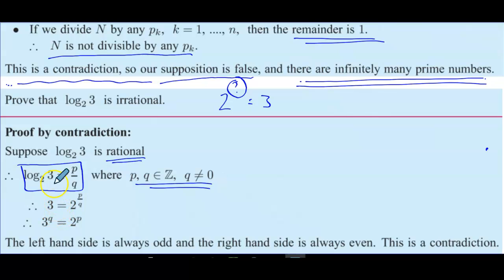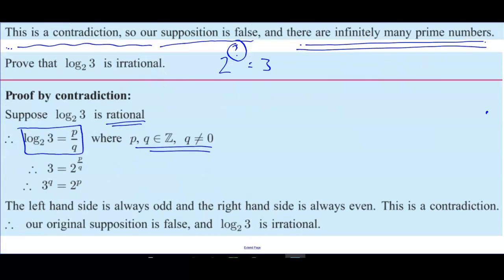So if you rewrite this in exponential form, 3 equals 2 to the p over q. You take both sides to the q, and you get 3 to the q equals 2 to the p. What we're trying to do is reach something that's impossible. The left side is always odd. 3 times 3 is 9, times 3 is 27. It's always going to be an odd number, because an odd times an odd will always be an odd.